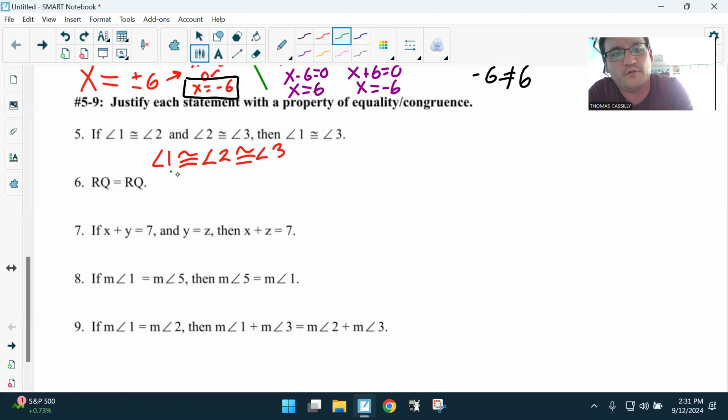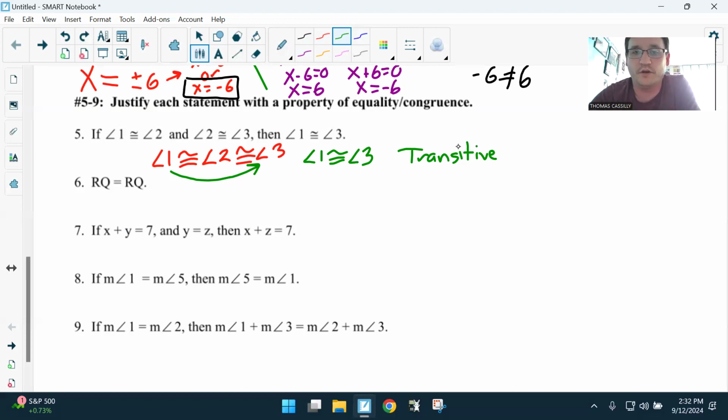I'm going to leapfrog right over angle 2 and go straight for the kill, and say angle 1 is congruent to angle 3. This is what we call the transitive property. Technically it's the property of congruence because we have congruent symbols there.